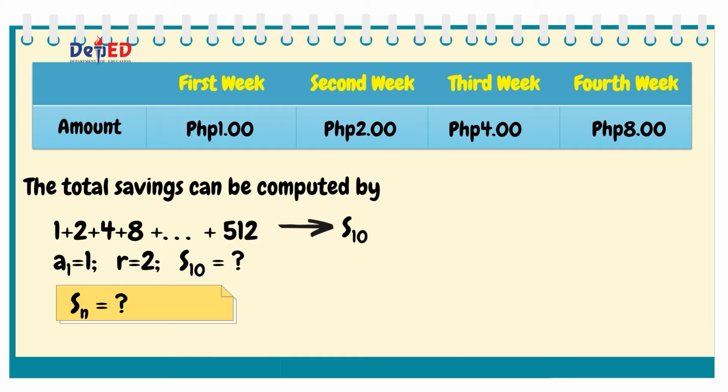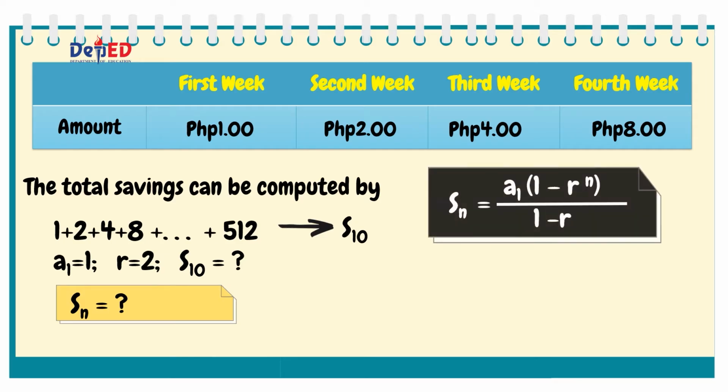Using the formula, S sub n is equal to a sub 1 times the quantity 1 minus r raised to n all over 1 minus r. Let's substitute the values to the formula. We will have S sub 10 is equal to 1 times the quantity 1 minus 2 raised to 10 all over 1 minus 2.